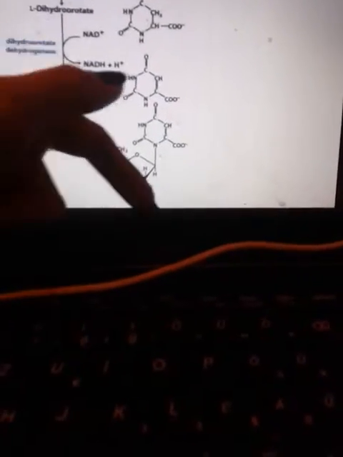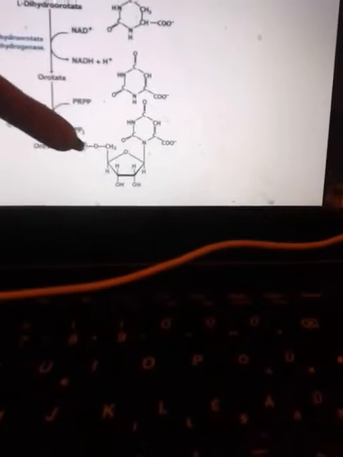It will be dehydrogenated. And what's happened between these two carbon? Double bond forms. Now this is the orotate. The orotate by phosphoribosyl transferase, phosphoribosyl pyrophosphate comes. The PPi goes away, and phosphate with ribose comes here. Now this is the orotidylate.